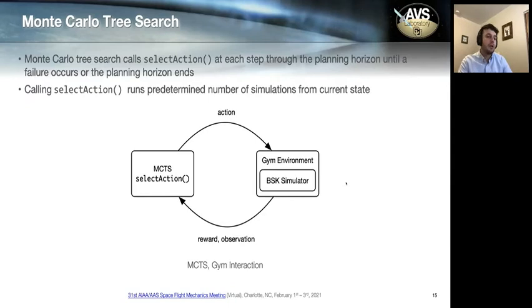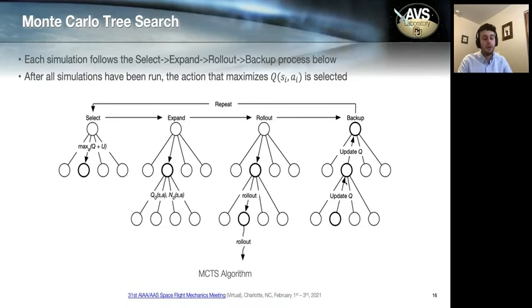So now I'm going to talk a little bit about how Monte Carlo tree search works. At each step through the environment, MCTS uses a function called select action to run a predetermined number of simulations in a simulated environment to determine what the best action is. This function repeats X number of times, known as the number of simulations per step.